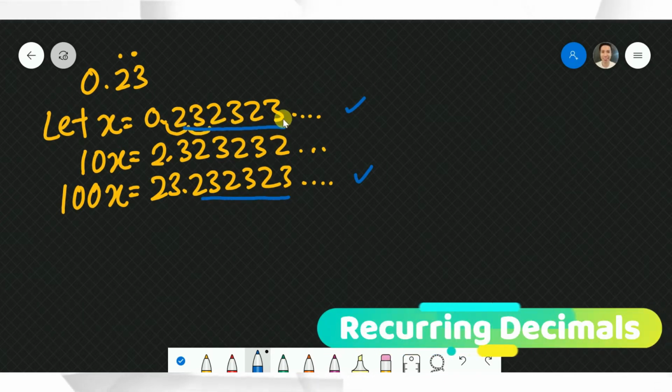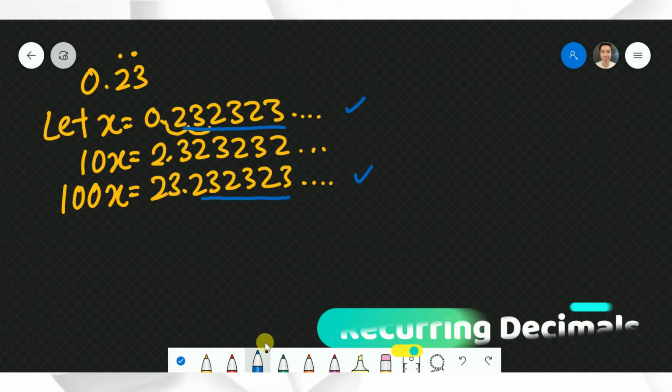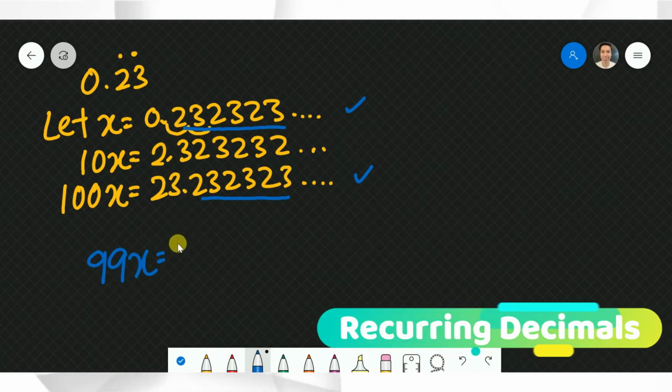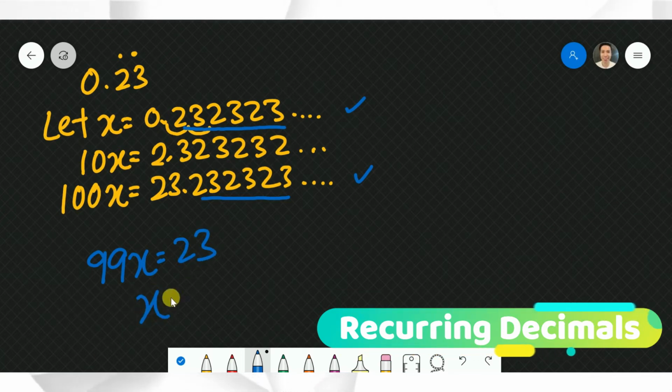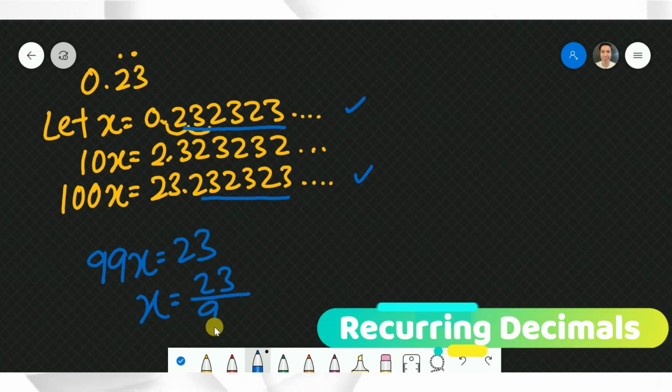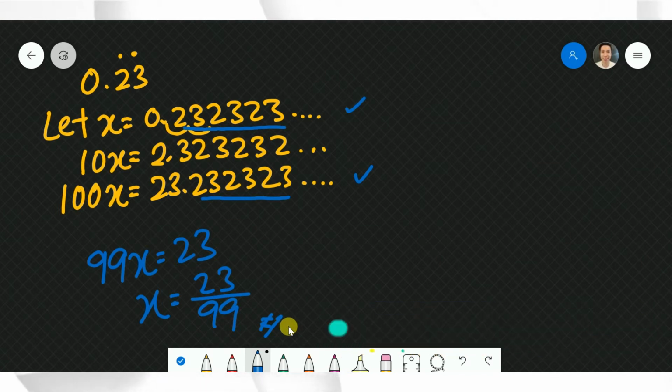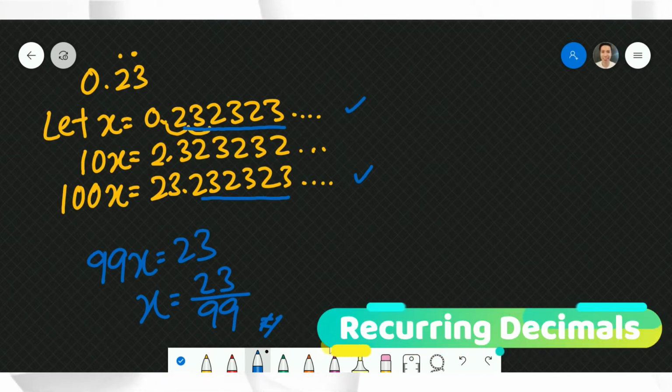See? So meaning that we can minus these two equations. So 100x minus x, we have 99x, right? And then this equation minus the first equation, we have 23. So eventually we have x equals to 23 over 99. Okay? So 0.23 is equivalent to 23 over 99. Okay? So far so good, yeah?